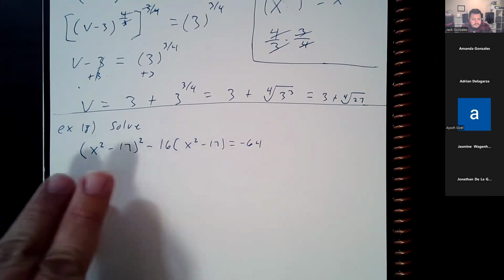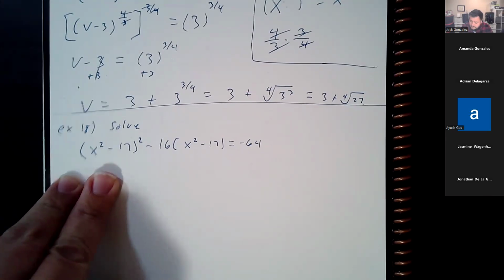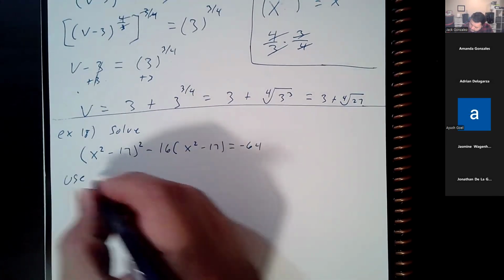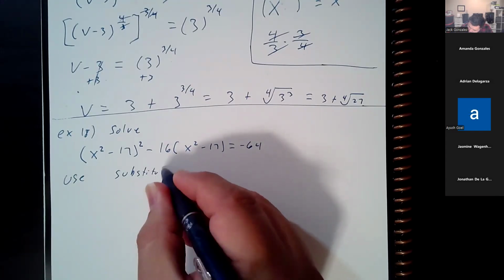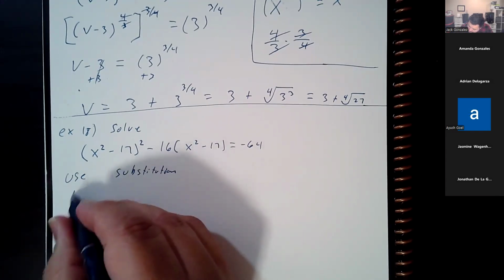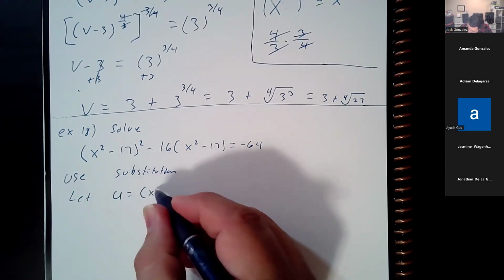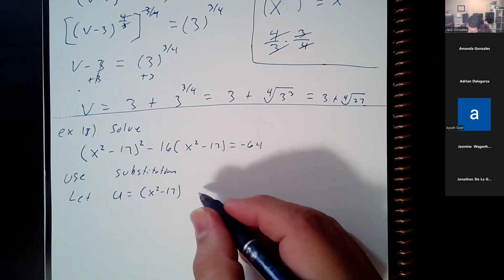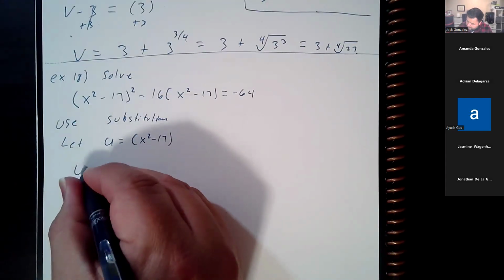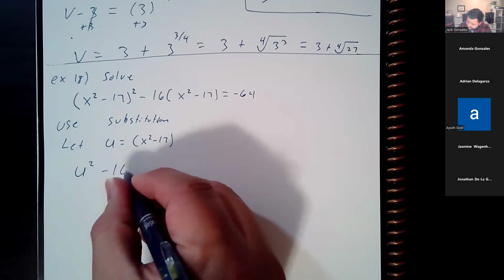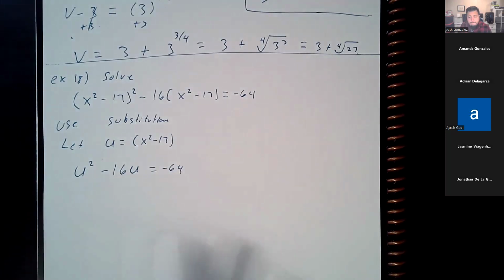So this is basically a trinomial. You have to do substitution, so use substitution and make this easier. Let u equal this. Then that would mean that this is u squared minus 16u equal to negative 64.